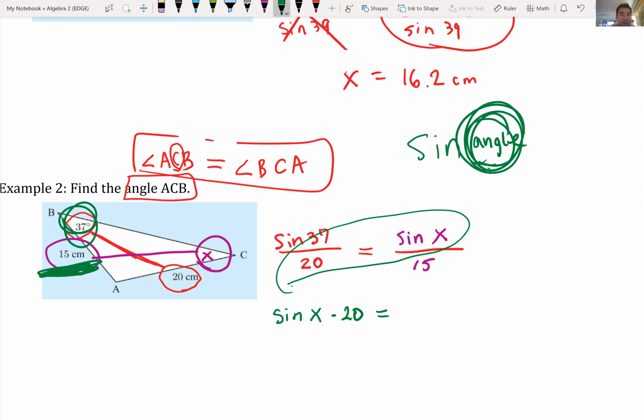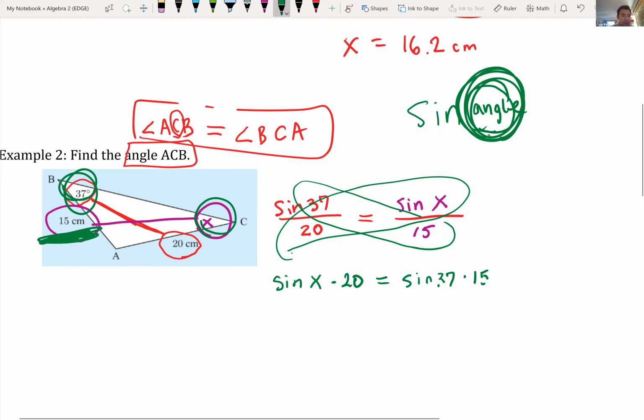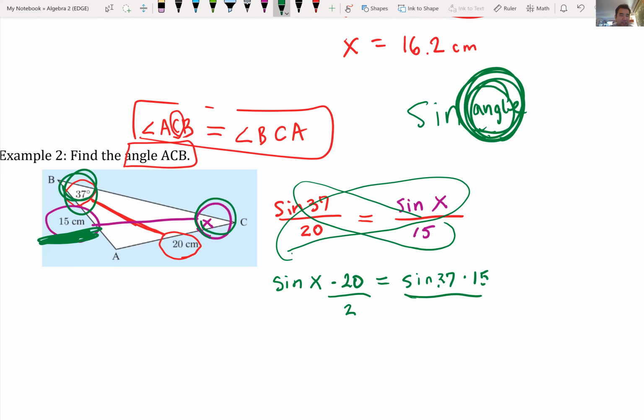So we have to do sine of x because x is the angle measurement we are trying to find. Does that make sense? So sine of x times 20 equals sine of 37 times 15. You guys doing okay? Now we want to solve for x, so let's first get rid of this 20. So I'm going to divide both sides by 20.